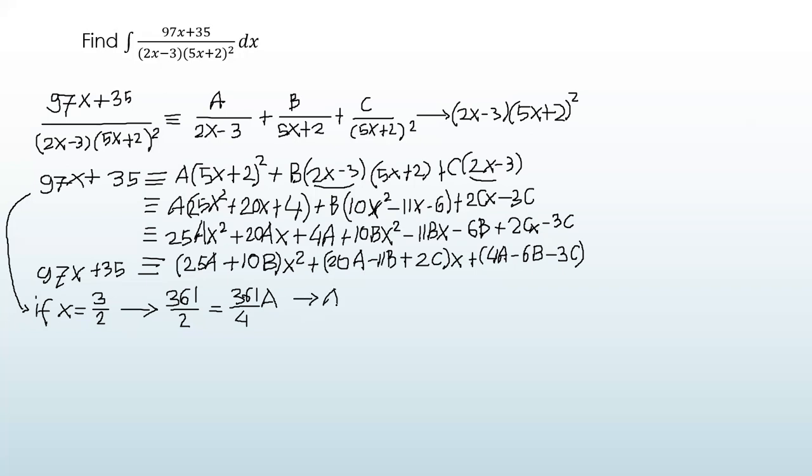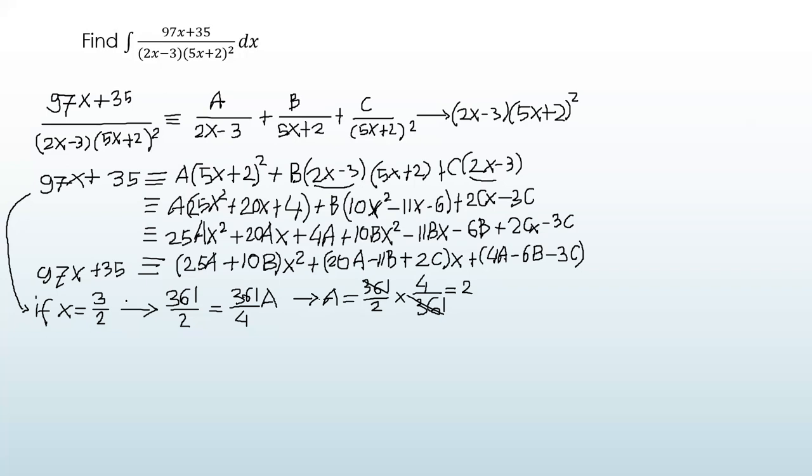So we may calculate a equals 361 over 2 times 4 over 361, equals 2. 4 divided by 2.